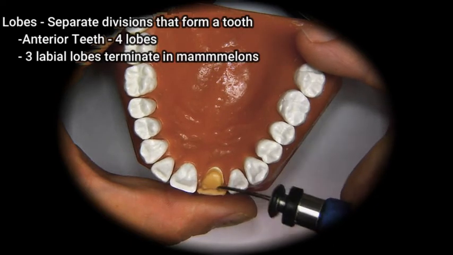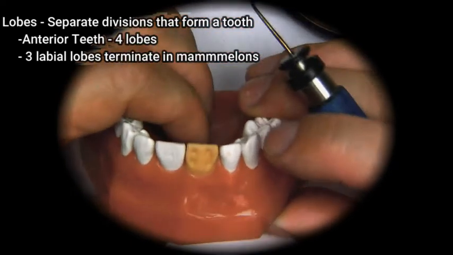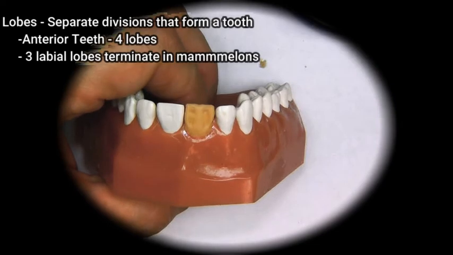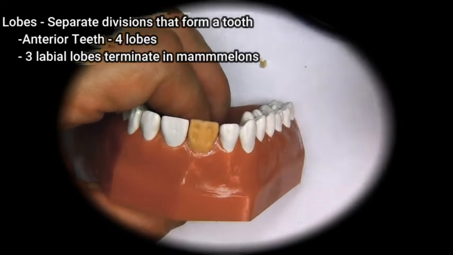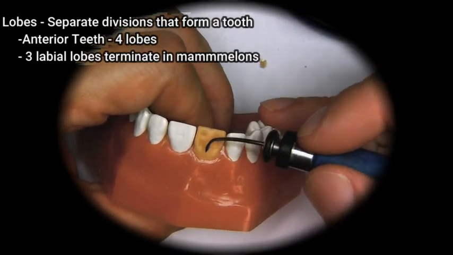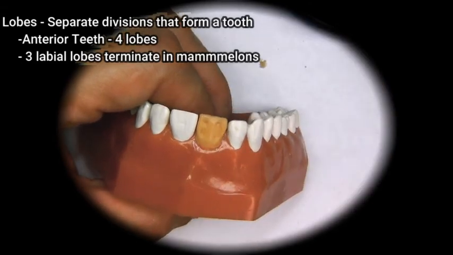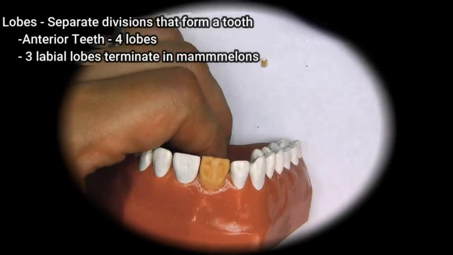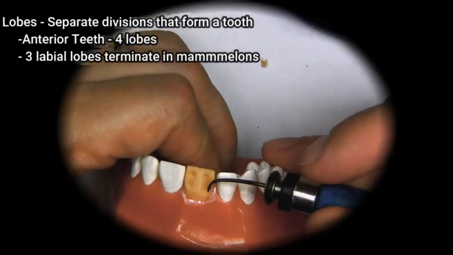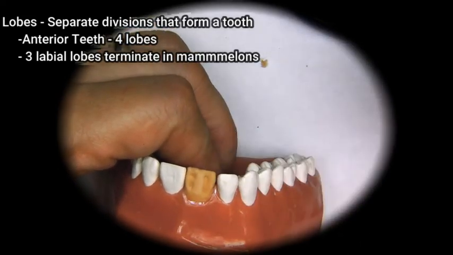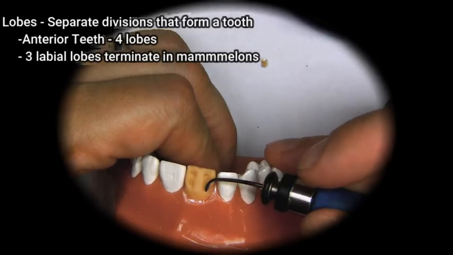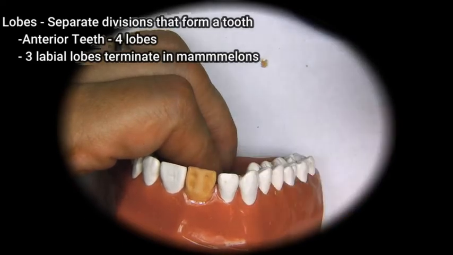And they all join together, as we'll see later. So now, this middle aspect that we're filling in is the central lobe. So we're kind of building the tooth as nature would have built it, out of the separate lobes.